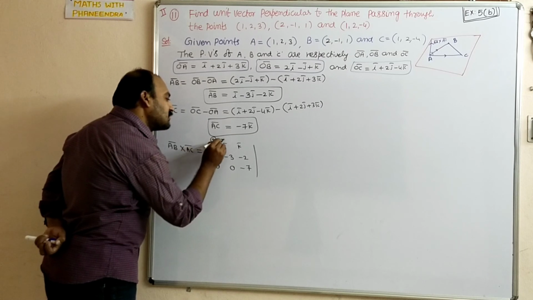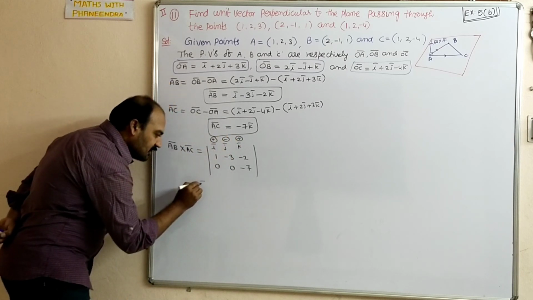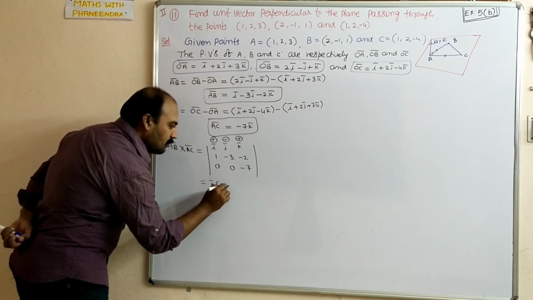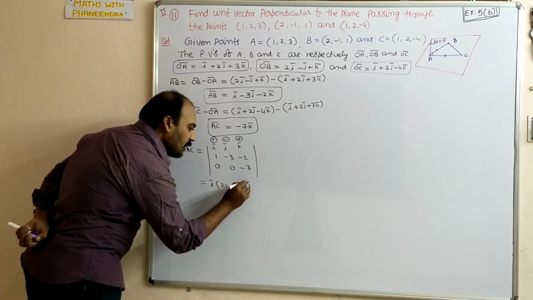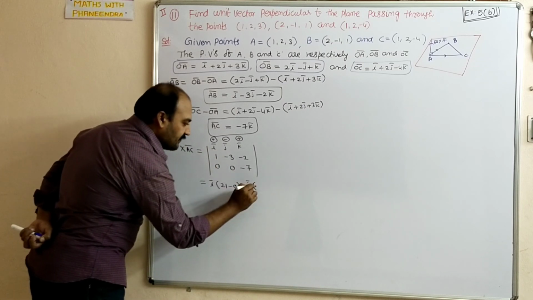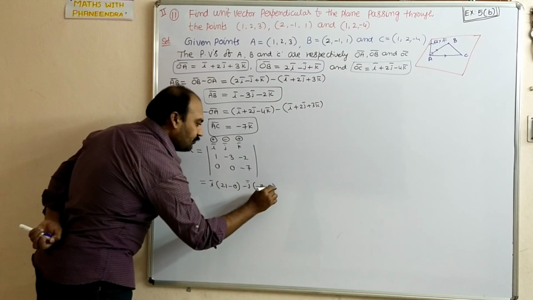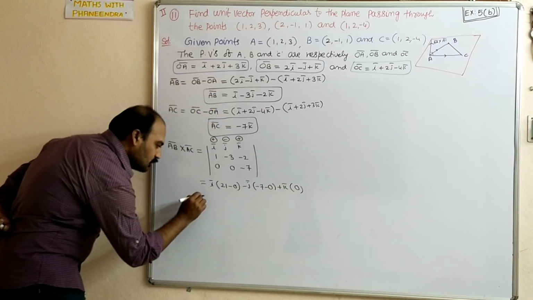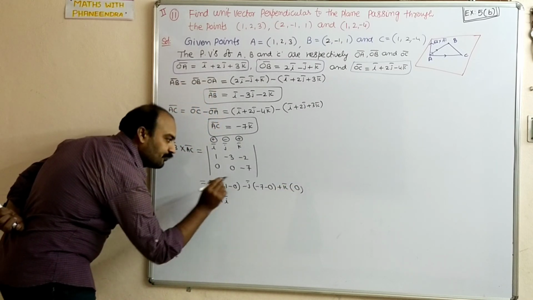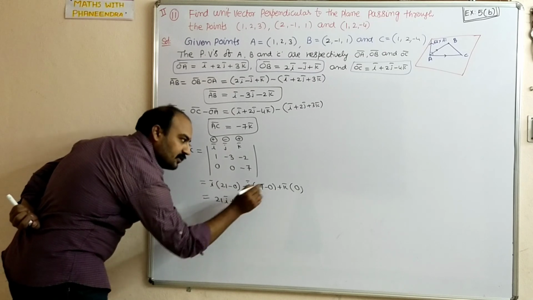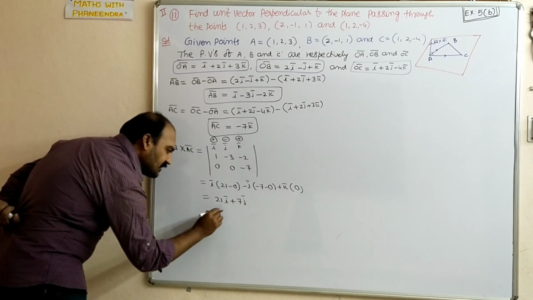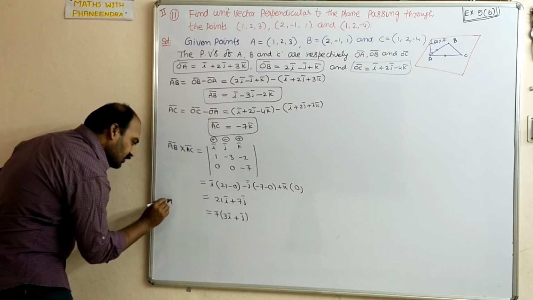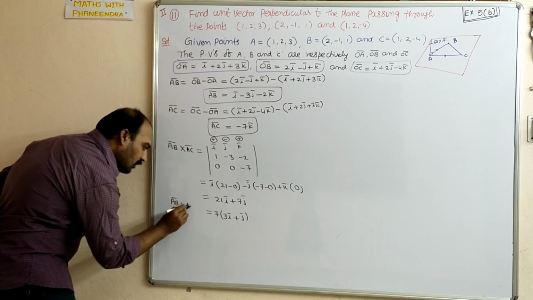This is plus, this is minus, this is plus, which equals i bar into (21 minus 0) minus j bar into (minus 7 minus 0) plus k bar into (0 minus 0). So it becomes 21i plus 7j. There is no k bar. We can take 7 common: 7 into (3i plus j). This is AB bar cross AC bar.